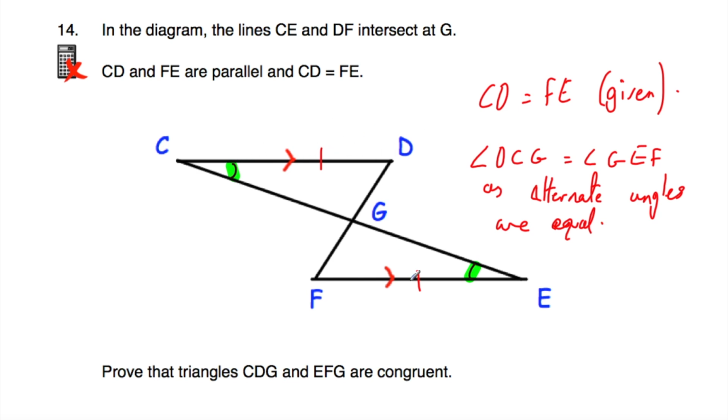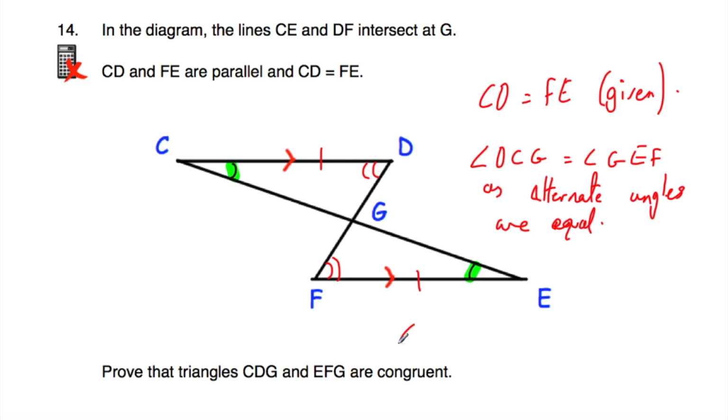We now know that both triangles have got a side that's got the same length, and they've both got one equal angle. Now we've also got another pair of alternate angles. This angle here will be the same as this angle here. And again, remember, we've got our two parallel lines, we've got the transversal, so those two angles would be equal to each other as well.